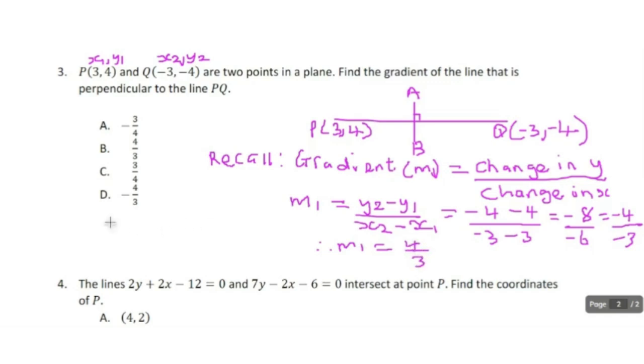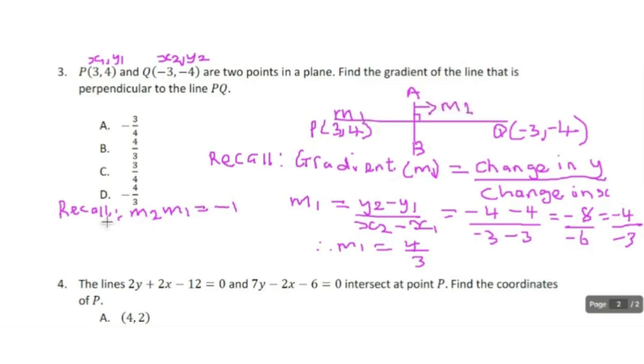Good. Now, we should also recall that our condition for perpendicularity is that the product of the gradients M2 and M1 equals -1. So we've obtained M1, which is the gradient of this line, PQ. We need to find M2.